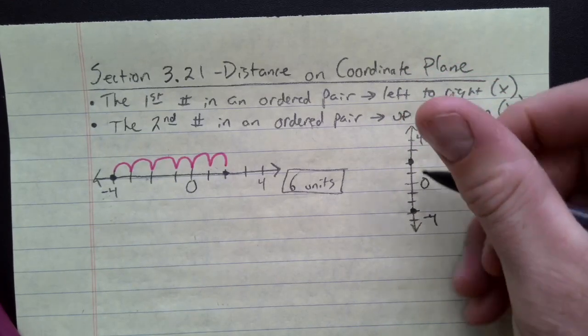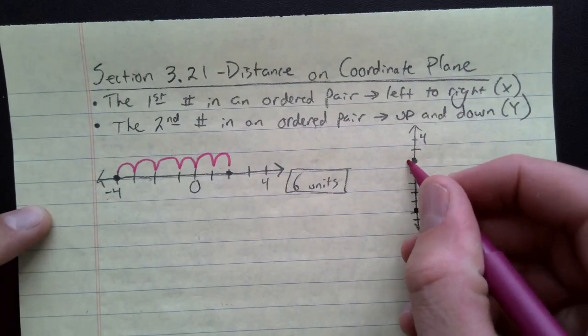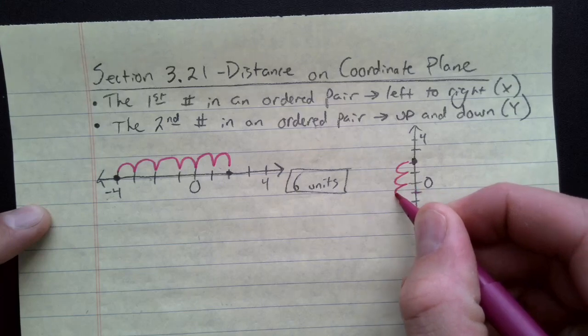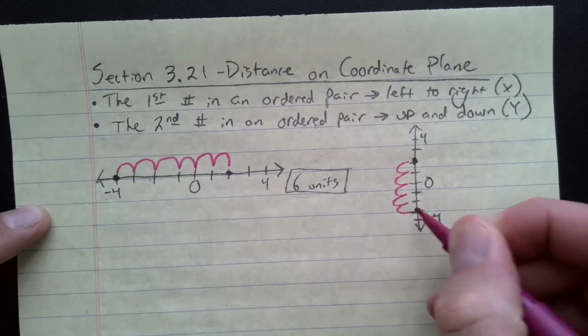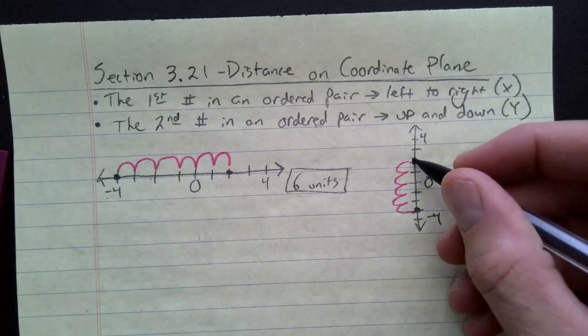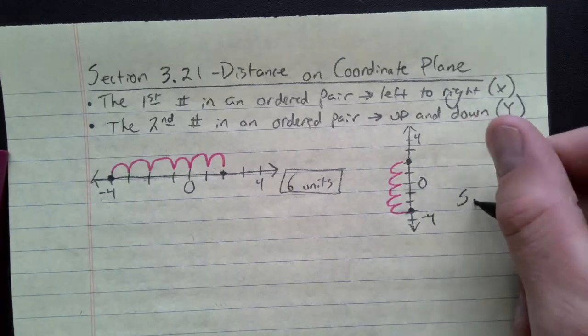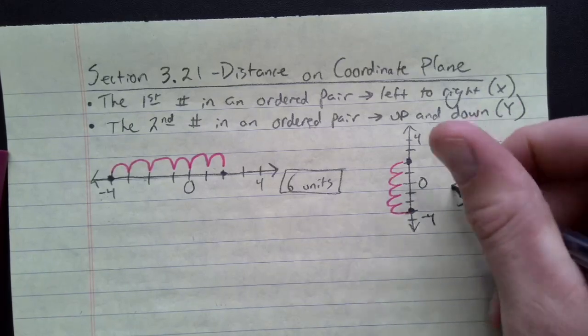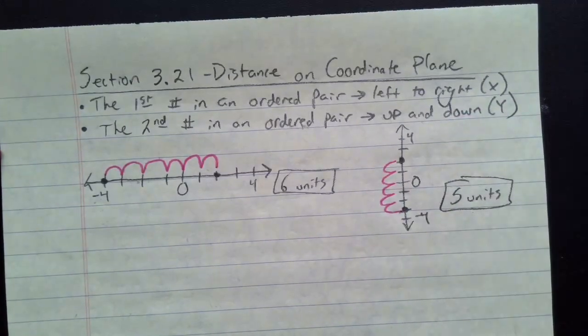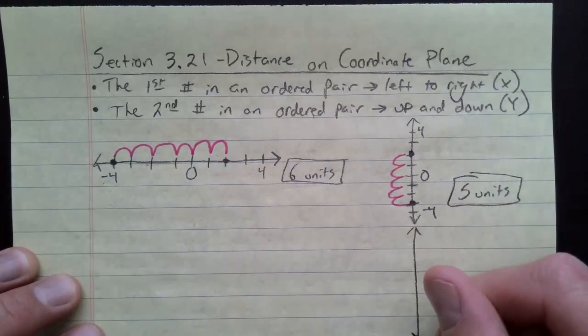When we make our jumps, 1, 2, 3, 4, 5, our distance from positive 2 to negative 3 is a total of 5 units. That's it.